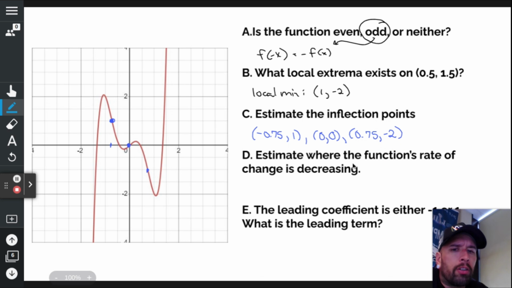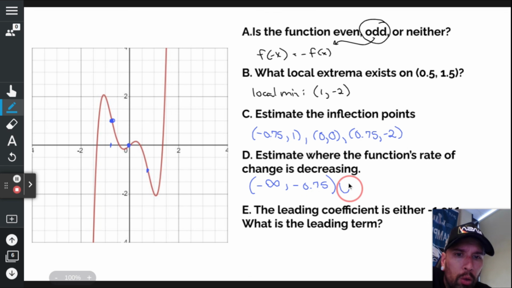Estimate where the function's rate of change is decreasing. Now, rate of change is decreasing implies concave down. Not where it's decreasing. Rate of change is decreasing implies concave down. So it starts concave down all the way at negative infinity and stops its concavity at that point right there, which we called negative 0.75, close it, union.